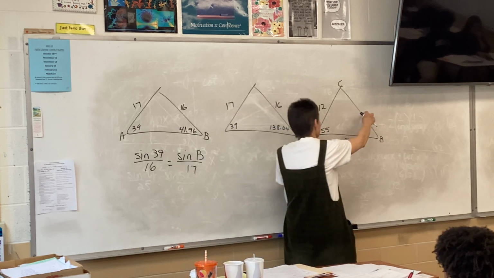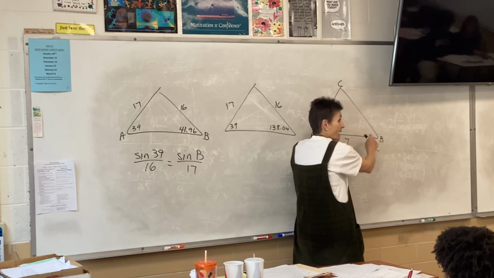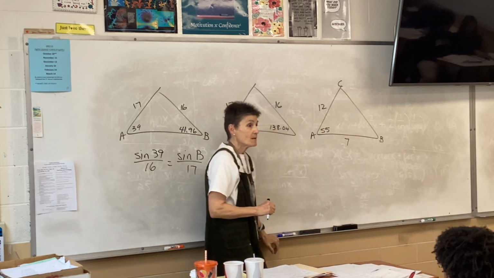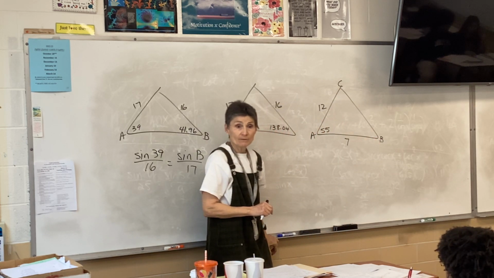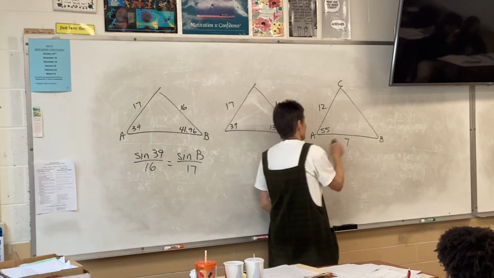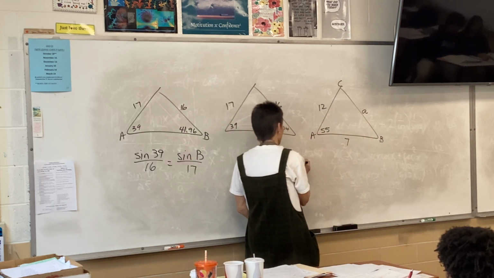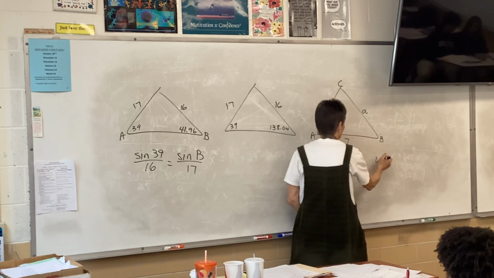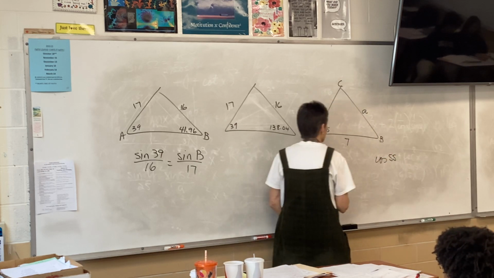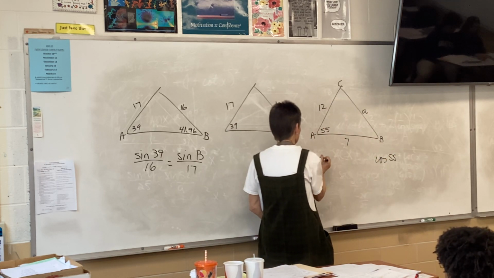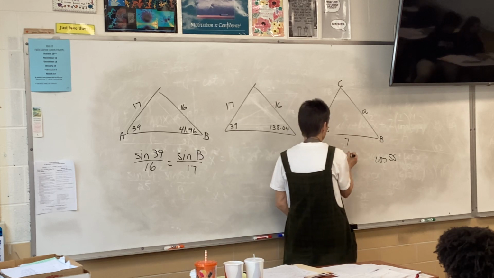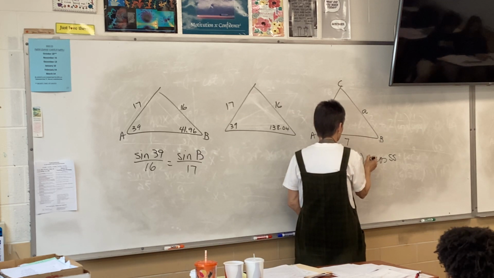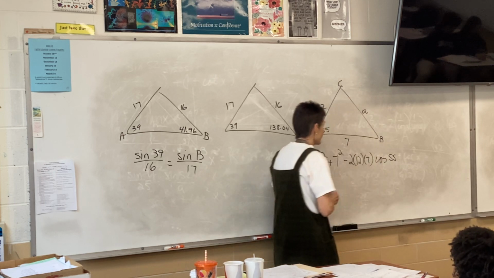Law of sines is out because I don't have my pair. So I guess it's going to be law of cosines. And I will start right here finding side a. So a squared is going to be 12 squared plus 7 squared minus 2 times 12 times 7 times cosine 55.